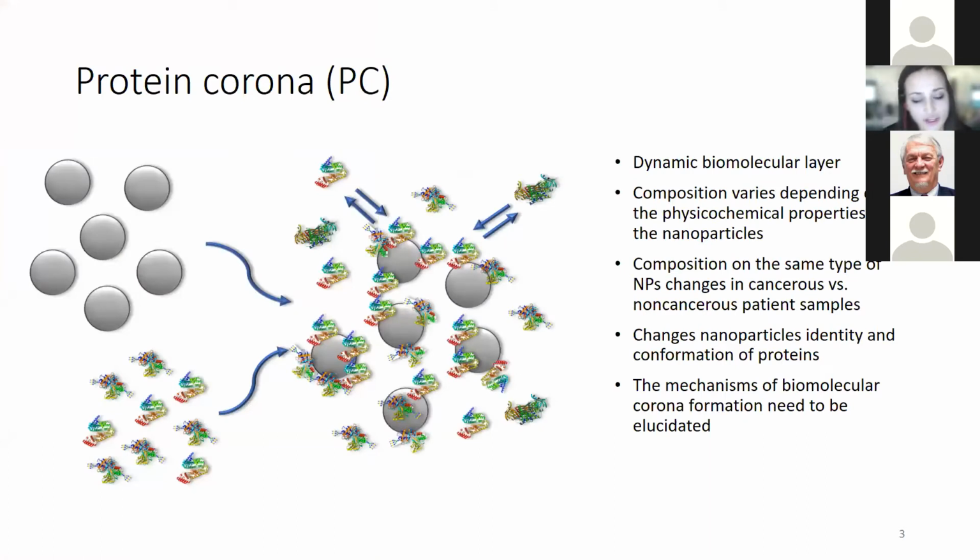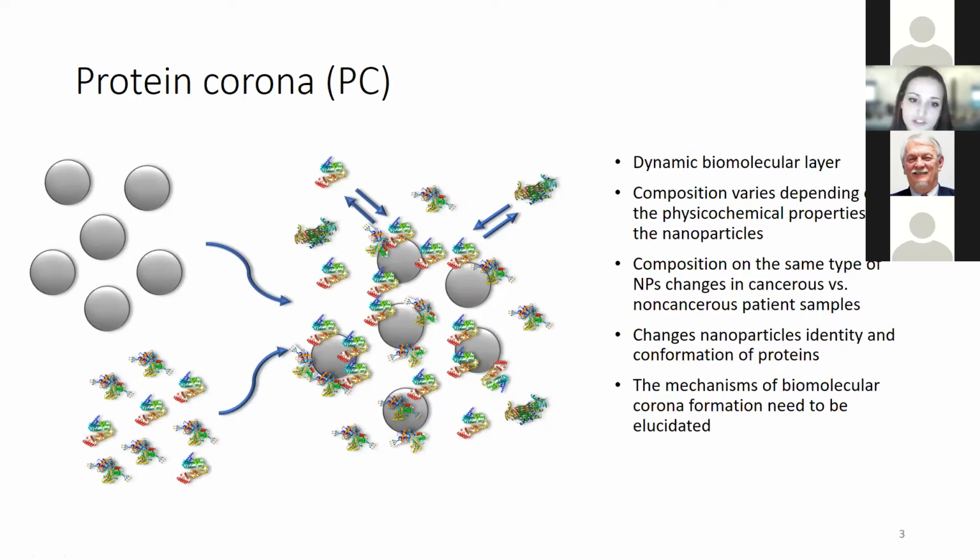So first of all, when nanoparticles enter a biological system, they become immediately covered with different biomolecules, and this causes the formation of the so-called dynamic biomolecular layer, which is also known as protein corona. This is important because this protein corona changes the physical chemical properties of nanoparticles, and therefore changes their fate in biological systems, their pharmacokinetics and pharmacodynamics.